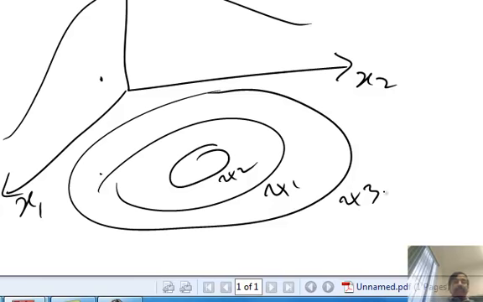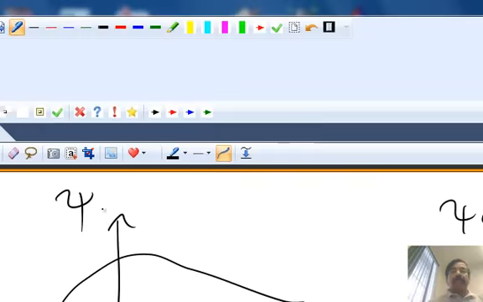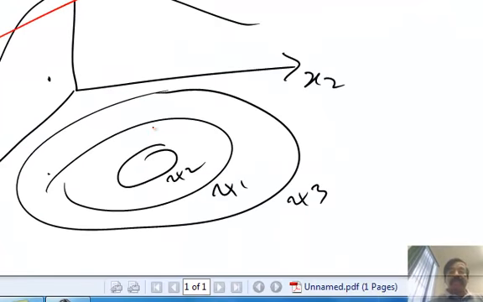All I have to do is imagine that you have a mountain here and you're cutting the mountain across at a constant height. The edge of that mountain would trace a curve. You project that curve onto the x1, x2 plane, and that gives you a curve, which is what is called a contour. The contour is a line on which the value that we are plotting remains a constant.